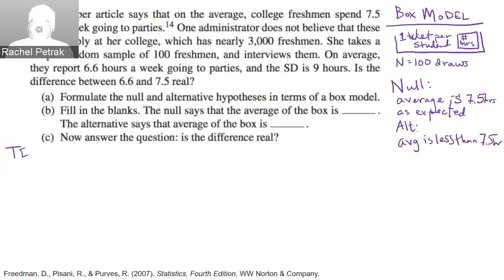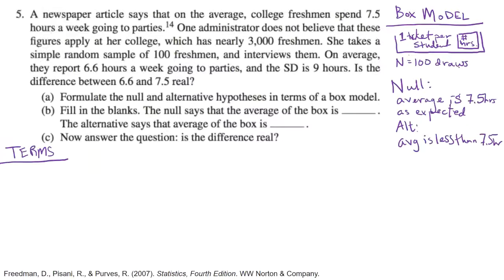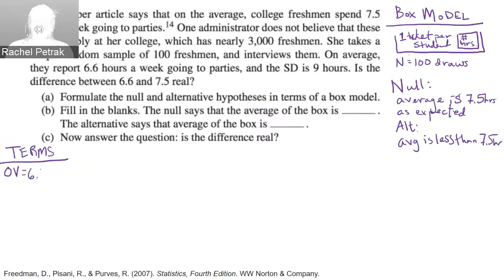Now you should be already predicting that our next step is to collect our terms so that we can do our analysis and look at our null hypothesis. We know we have 100 draws, so there's sufficient sample size to use the Z distribution here. And we already know the observed value was 6.6 hours.